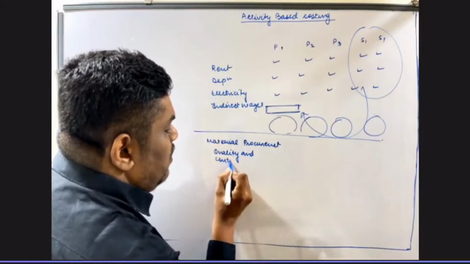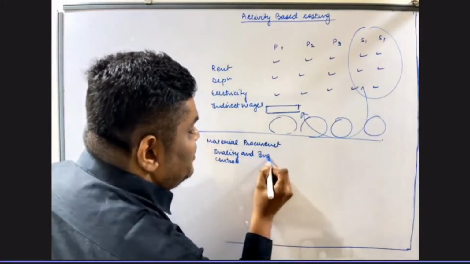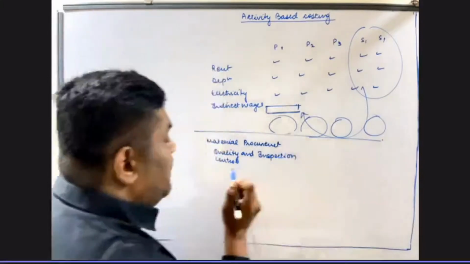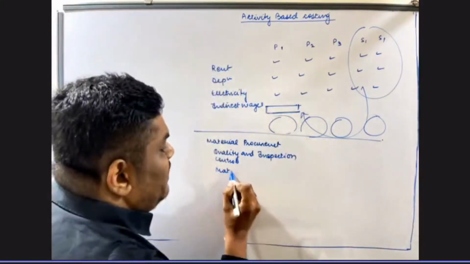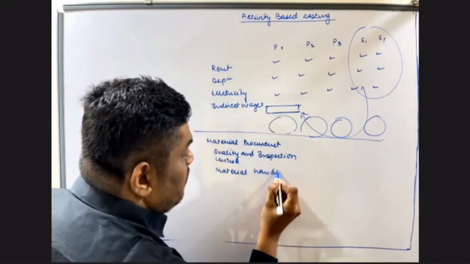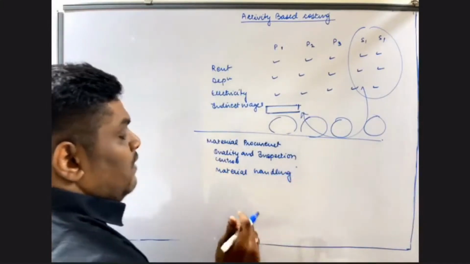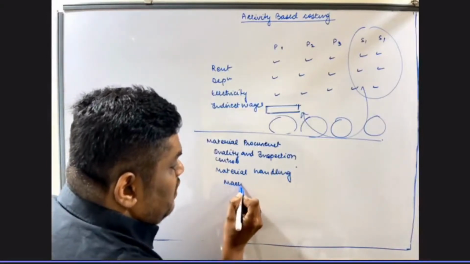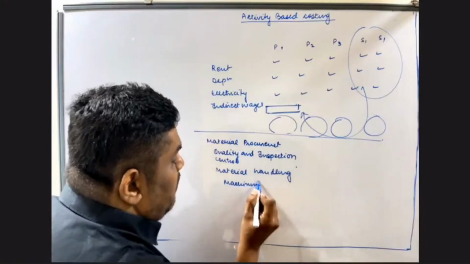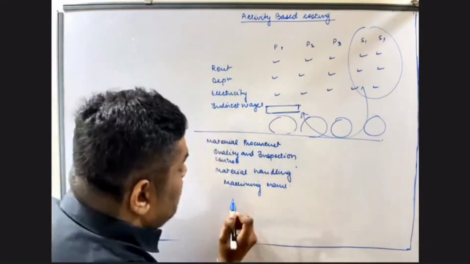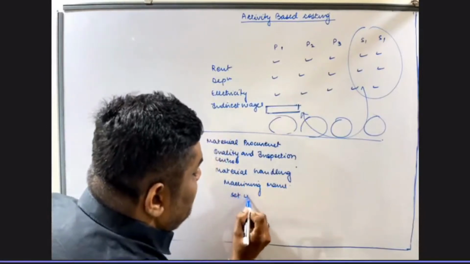Quality control and inspection can be an activity. Material handling can be an activity. Machining can be an activity. Maintenance can be an activity. Setup cost can be an activity.